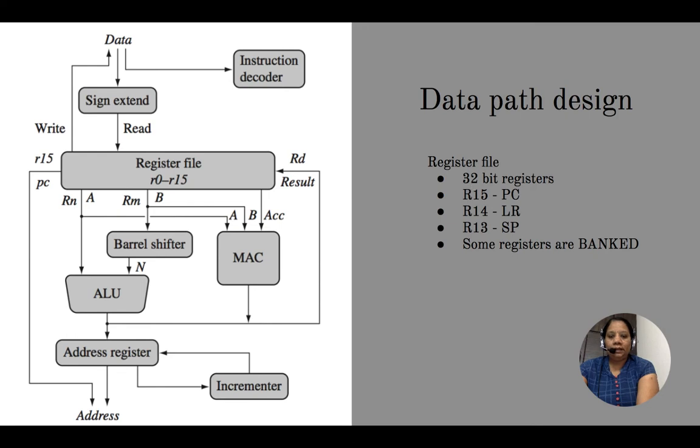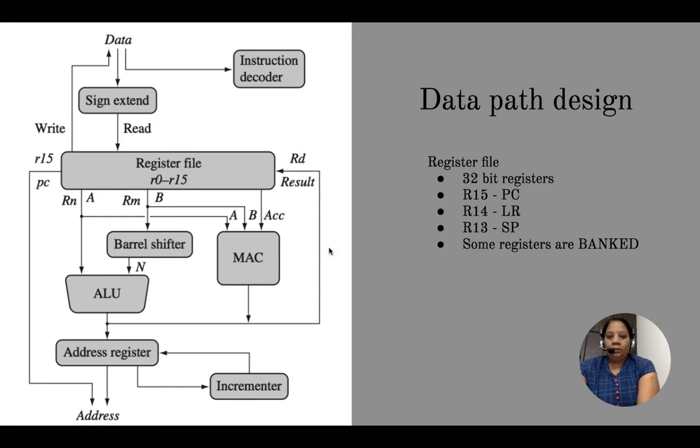For example, R15 is used as the program counter, R14 is used as the LR register, and R13 is used as SP, which is the stack pointer. Some of the registers are banked, meaning they would be used in different ways during different modes of operation of ARM. We'll see the details of this in the modes of operation of ARM video.